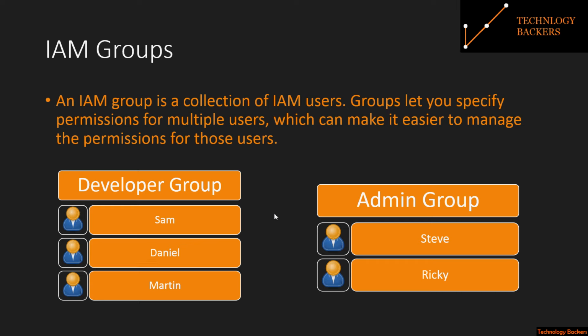So you can assign the same permission level to all these users under the developer group. You don't have to go to each user, like Sam and then Daniel, then Martin, and assign the permissions to all these users. Instead, just assign the permission to the developer group and assign these three users under the one developer group. So automatically, all these three users will have the same permissions. Same with the admin group.